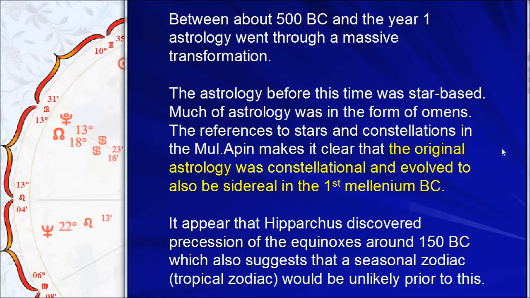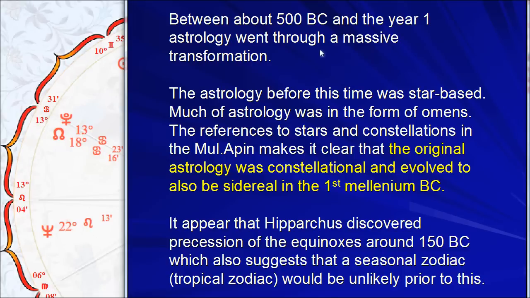And also, as I mentioned in this bottom paragraph, the precession of the equinoxes, which is a measurement of how much the sidereal zodiac and the tropical zodiac are separated from each other and how they move away from each other by about 1 degree every 72 years. That discovery is credited to Hipparchus around 150 BC.